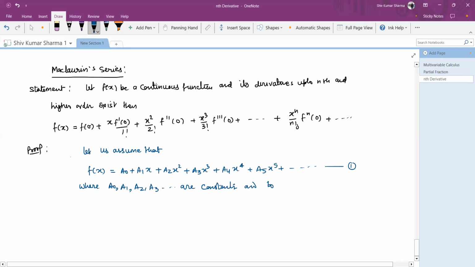So we will determine the values of a0, a1, a2, a3, and so on.